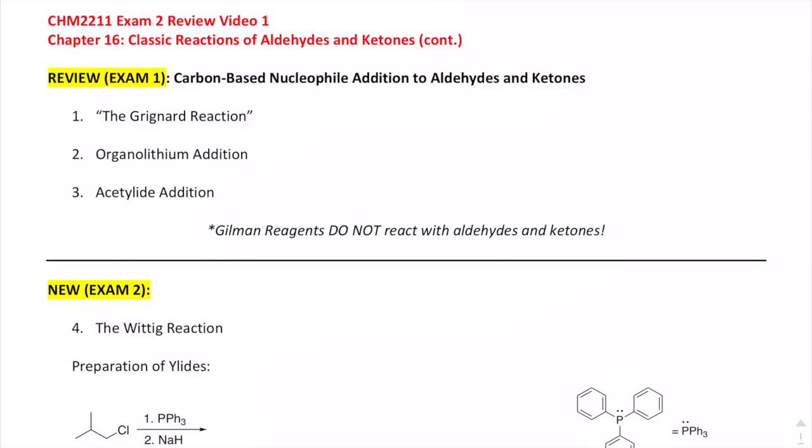We talked about an organolithium addition, which is adding an organolithium reagent into an aldehyde or ketone. And finally, we talked about acetylide addition, where we took that alkyne anion and added it into a carbonyl, aldehyde or ketone as well. Remember, Gilman reagents do not react with aldehydes and ketones, and that's pretty much all we covered for chapter 16 material for the last exam.